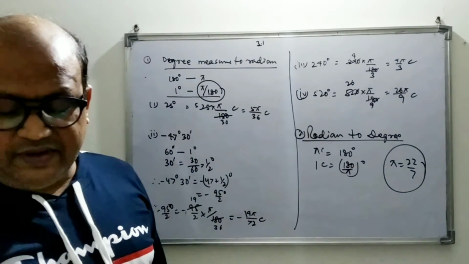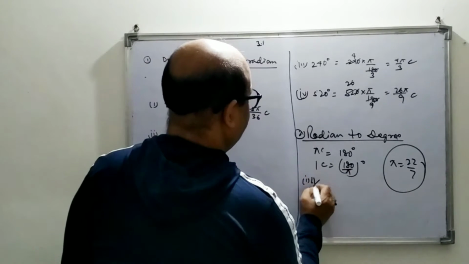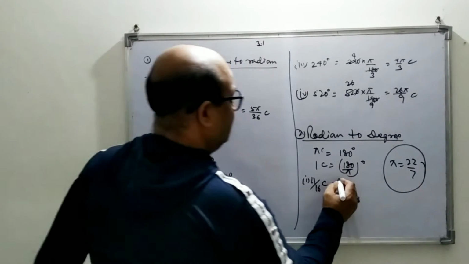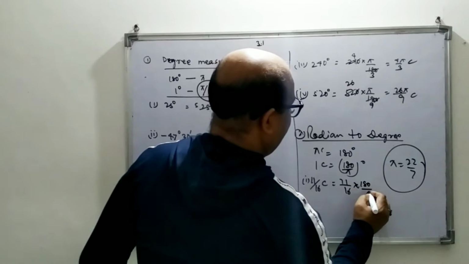Let us start with 11 by 16. 11 by 16 radian equal to 11 by 16 into 180 by pi.